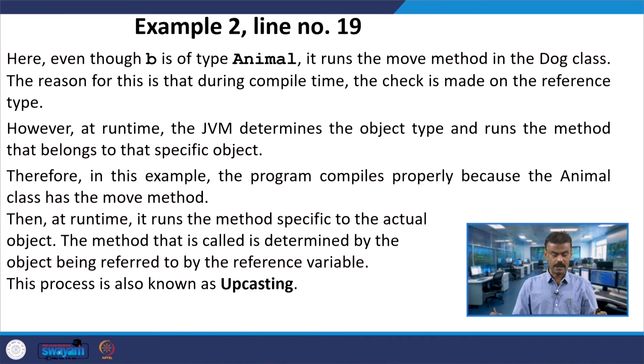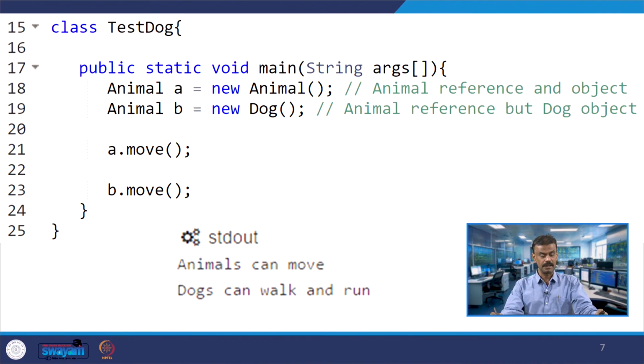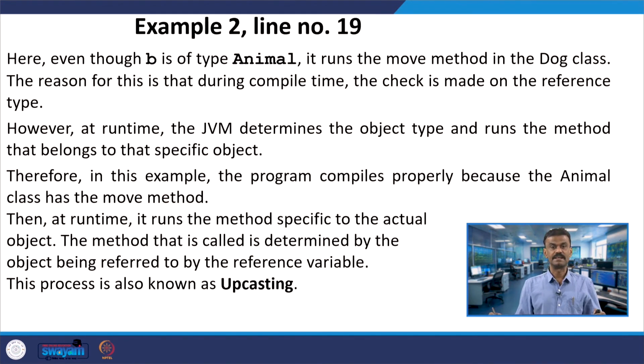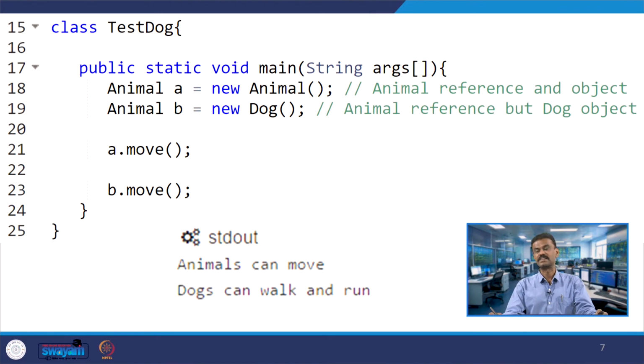Now if you look at line number 19, you have an object B, and that object B is under Animal. But when I am calling the move method, it is going to the Dog class. The reason is that during compile time, the check is made on the reference type. What is your reference? The reference is Animal.